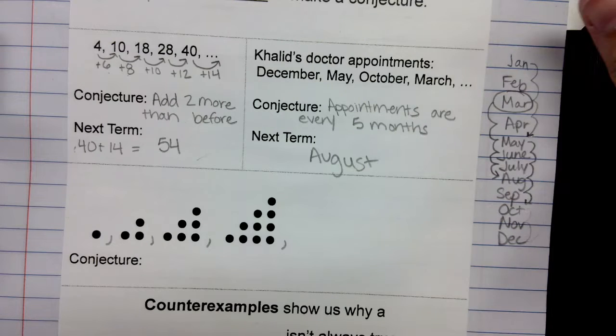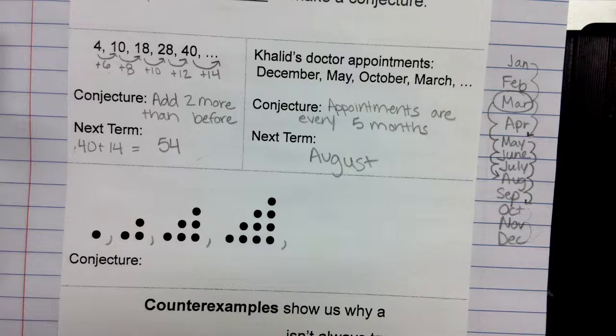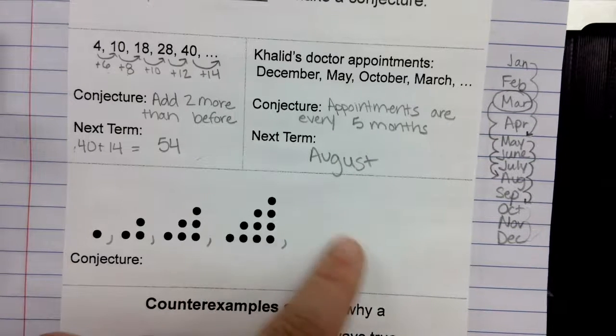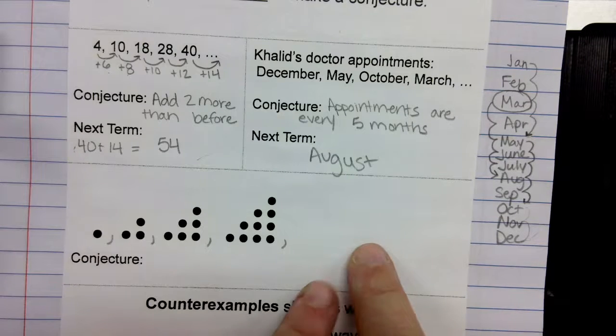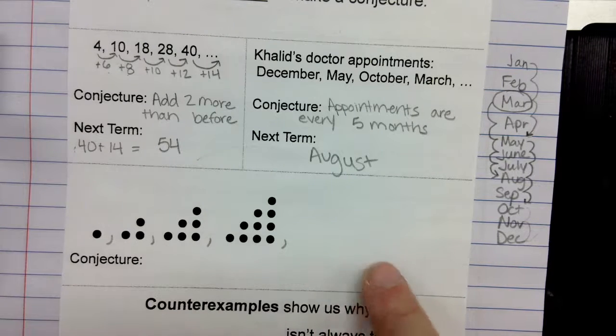What do you guys see? How do you know what the next thing is going to be? Plus 5? So there's going to be 5 more dots. How do you know where those 5 dots are going to go? Yeah, it's like climbing a staircase.